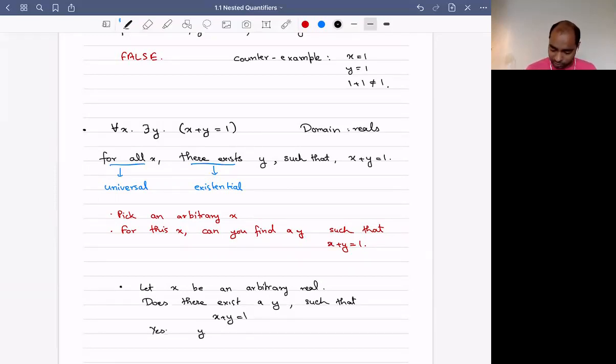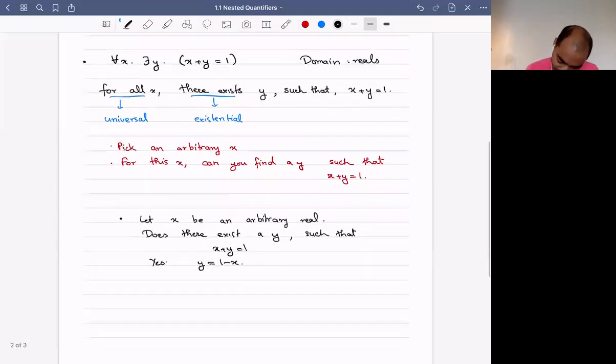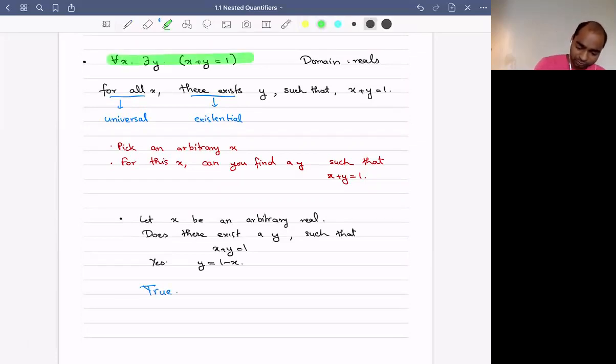I can let y be equal to 1 minus x. y depends on x, that's okay, because y comes after x. And x was completely arbitrary. So for that x, this y works. And so the truth value of the original statement is true.